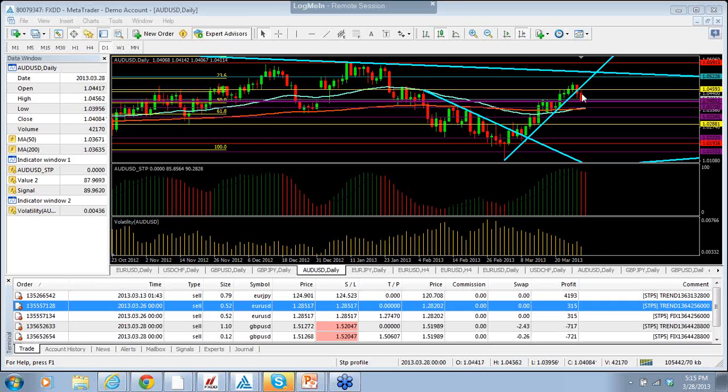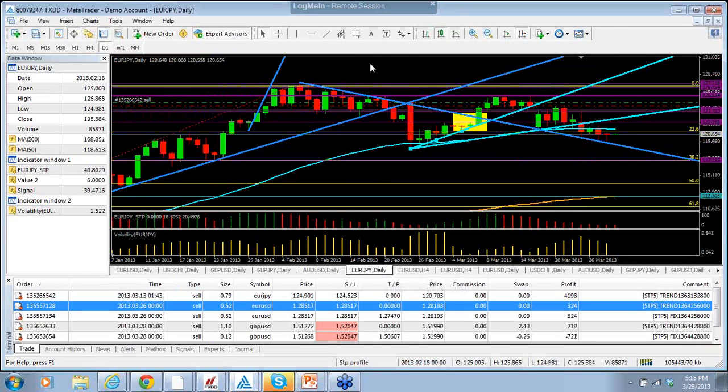So this was the only one that was really textbook on the day. The Aussie dollar really did what we expected here. We would have really liked that same movement on the euro dollar, the pound dollar here, but it did not happen for us today.